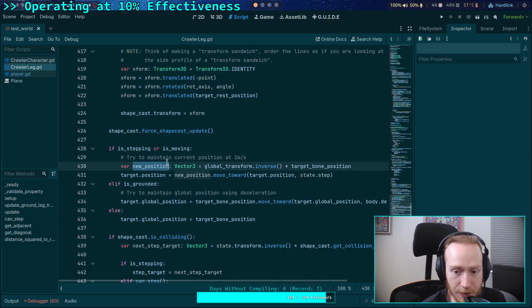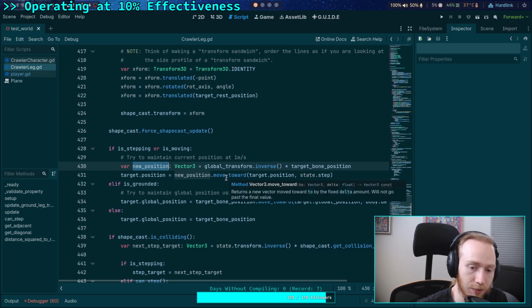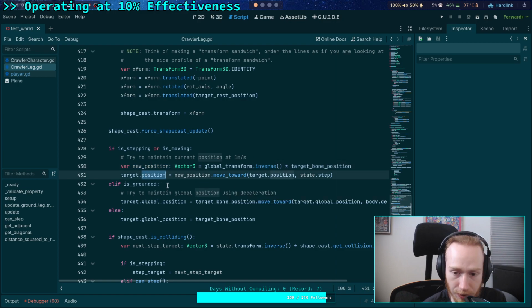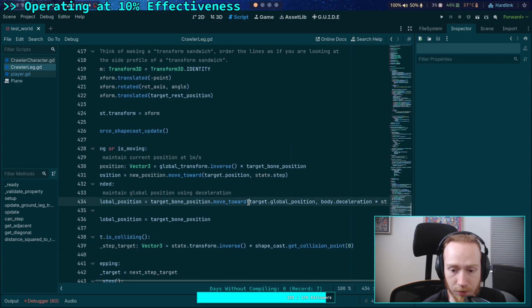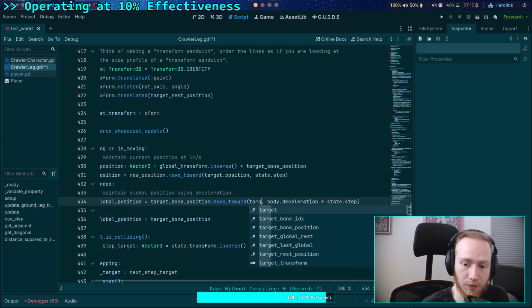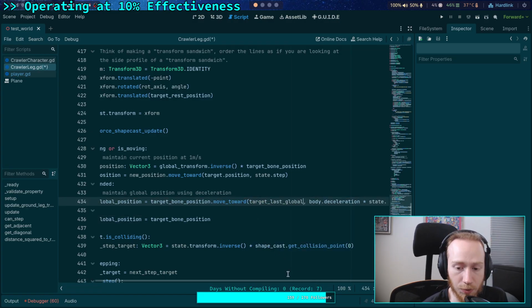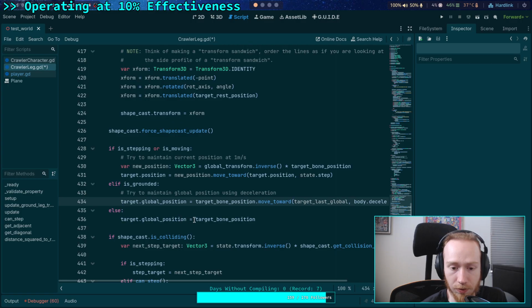So I want to maintain, if we're stepping or moving, I want to keep the relative position, which is just this. If we're at grounded, I want to keep that global position. So move it towards the last global.